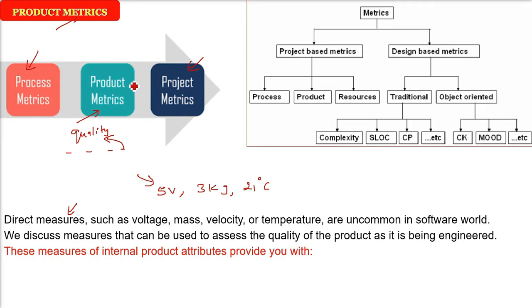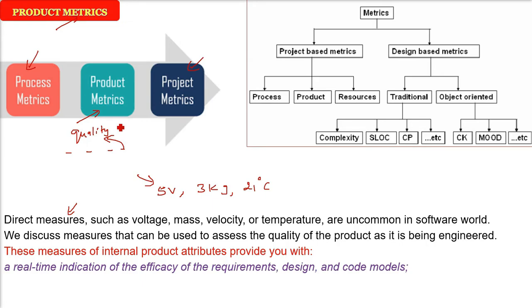As I said, the product when it is being delivered or about to be delivered, before that we need to measure certain things. First is, in the software life process, we have requirement engineering, requirement modeling, then we have design and architecture, then the code modeling. So these requirements, design and coding measures will give you a real-time indication of the efficacy of all this.